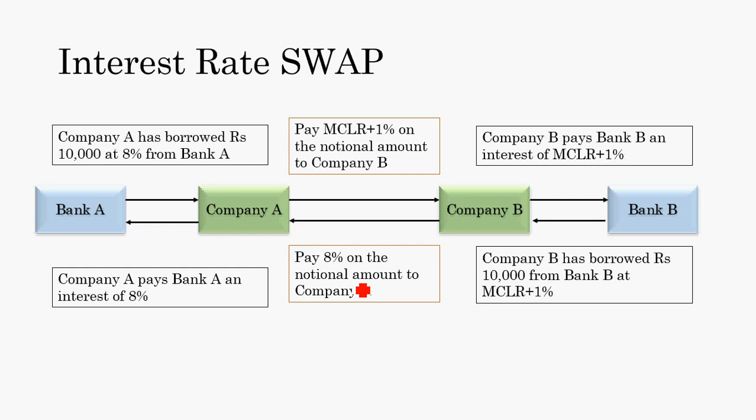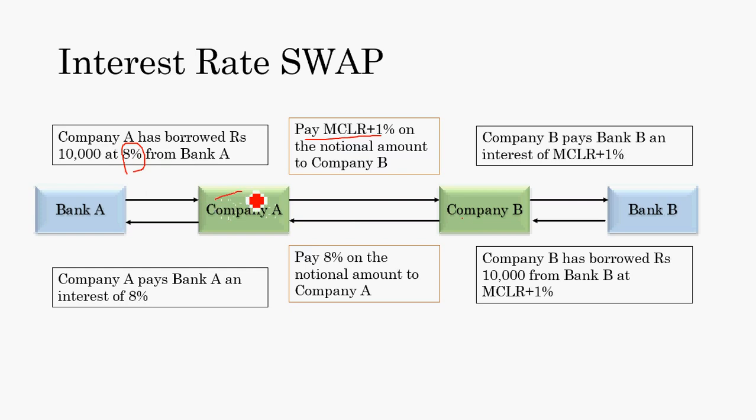So overall, if you look at the transaction, company A is actually paying only MCLR plus 1. The fixed rate of 8% which it is supposed to pay the bank, it is receiving from company B and it is paying the bank.